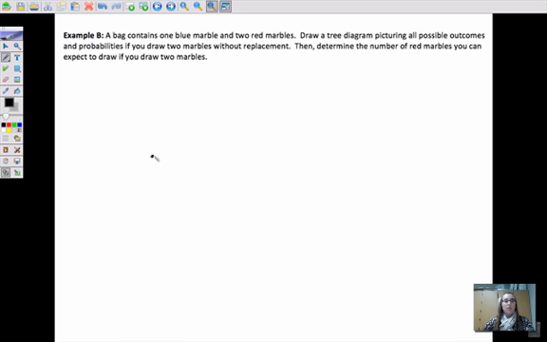So our first draw starts with either blue or red, and it's more likely that you're going to get a red than a blue. There's 1 blue and 2 red, so I would have 1/3 and 2/3 as my probability.